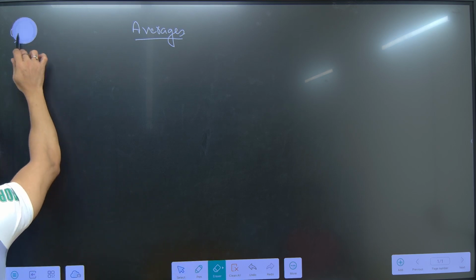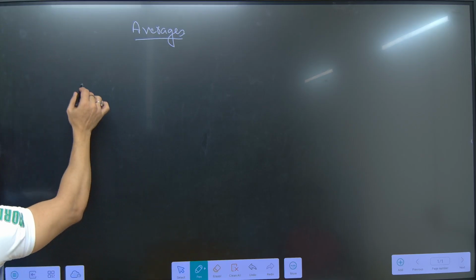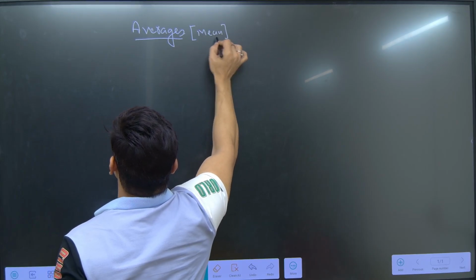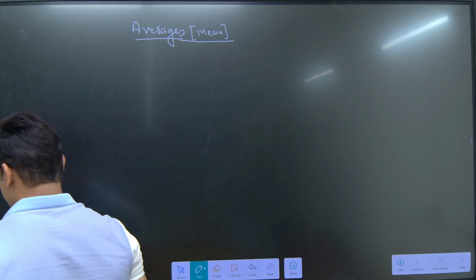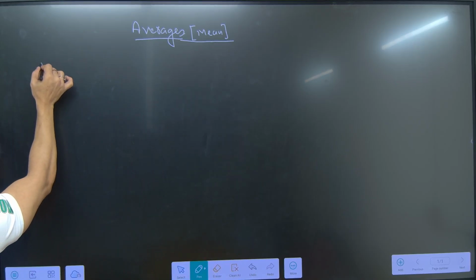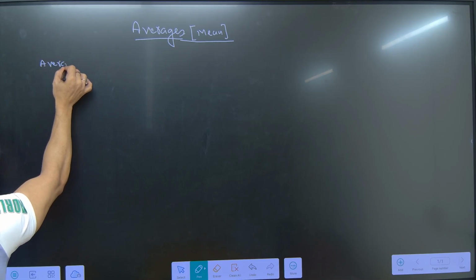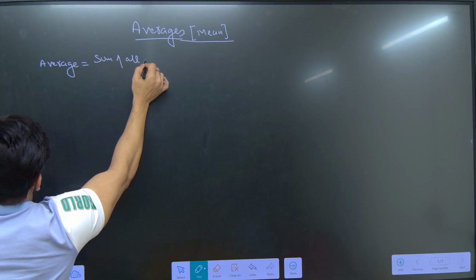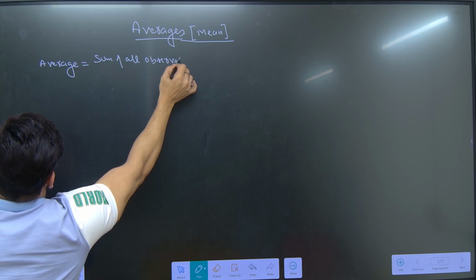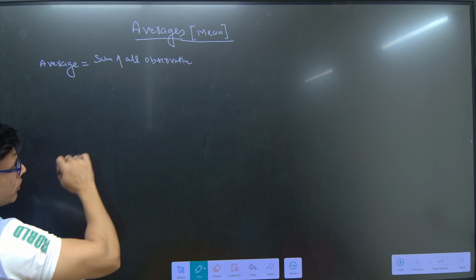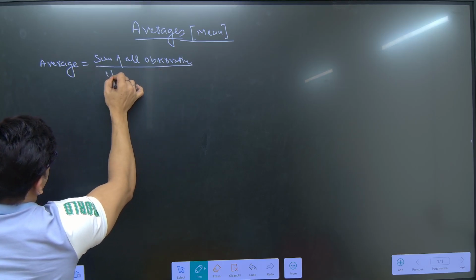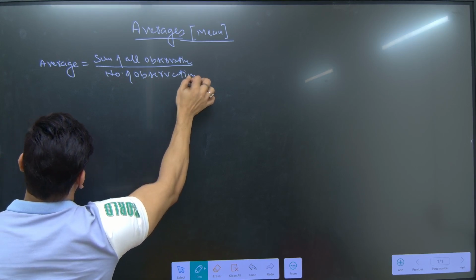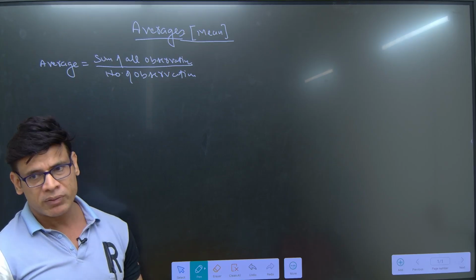Need to know the basics for average. Average is also called mean. So when I say average, average is nothing but the simple sum of all observations divided by the number of observations.